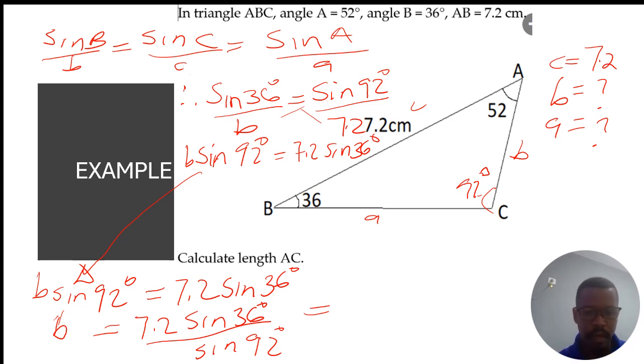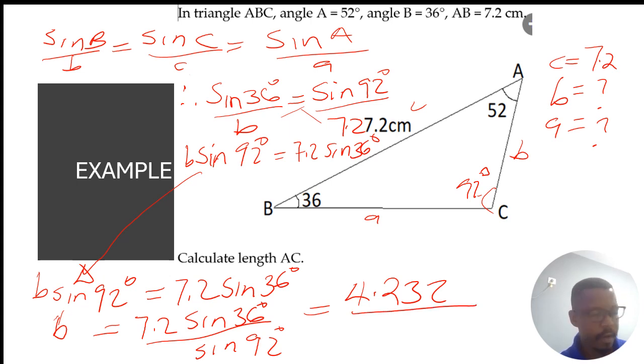Getting to the top is 4.23205, over sine 92. What is sine 92 on your calculator? Sine 92 is 0.99939.